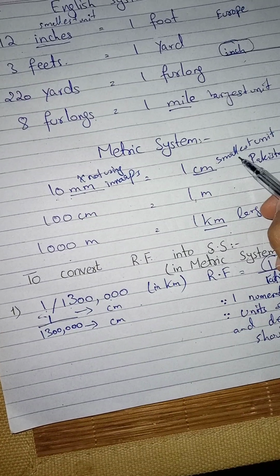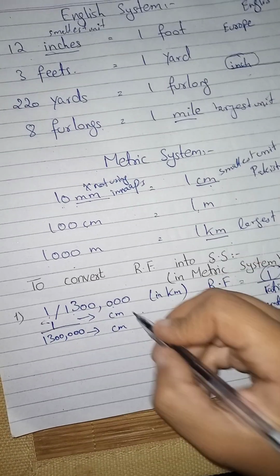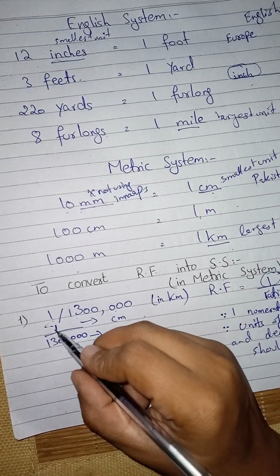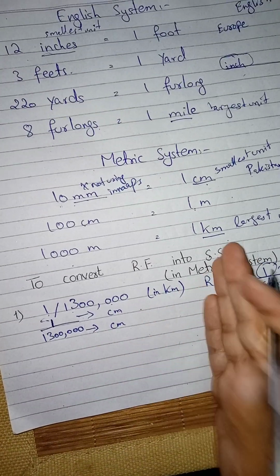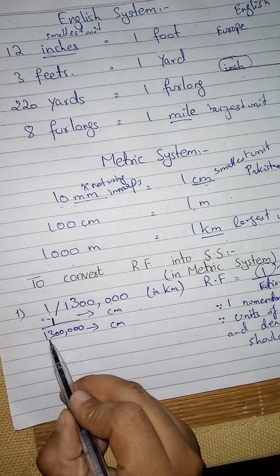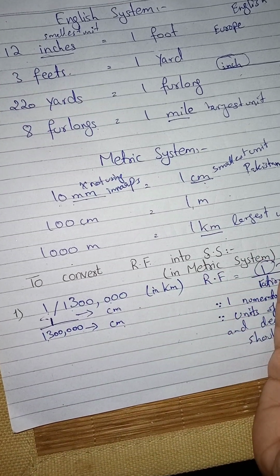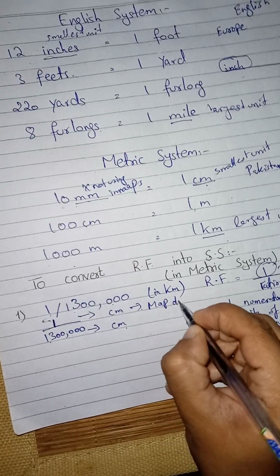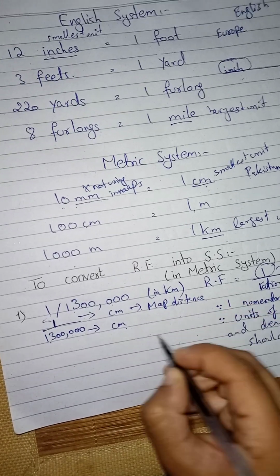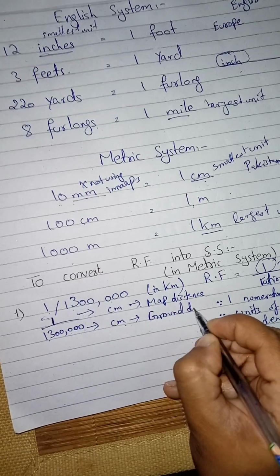Because the smallest unit in the metric system is the centimeter, and because we are showing 1 centimeter on a map equals 1300,000 centimeters on the ground. That is the map distance, and that is the ground distance.